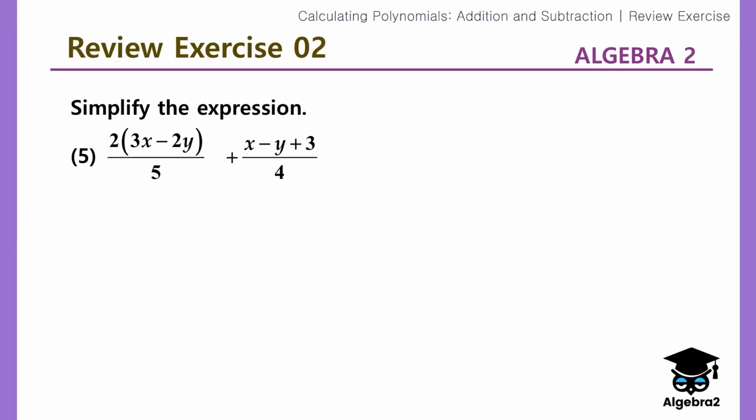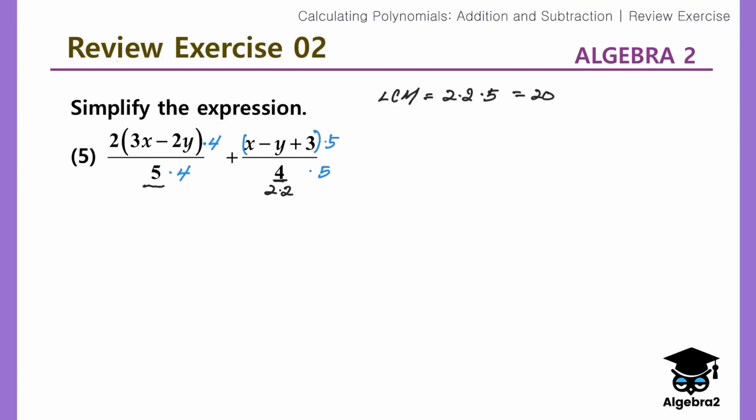Number 5, we have denominator 5. 4 is 2 times 2, right? So our least common multiple is, we must have at least two 2's and one 5, which is equal to 20. So we're going to multiply here by 4, 4, and 5, 5.